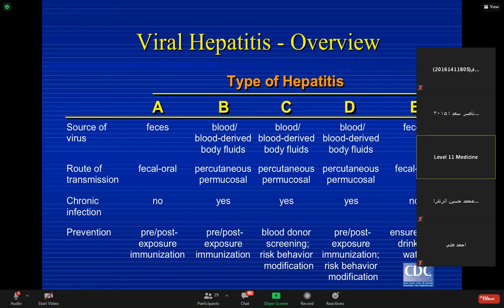It's through fecal material, while B and C and D, they can be actually from the blood. Okay. When it comes to immunization, we have for A immunization, we have for B, we have for D, but we don't have for B and E. Okay. So they are one family, they are the viral hepatitis family, but each can behave differently.